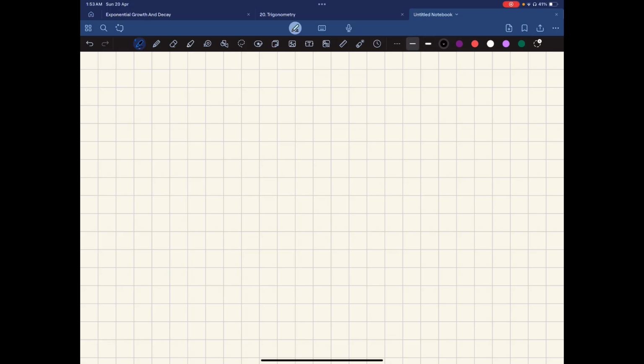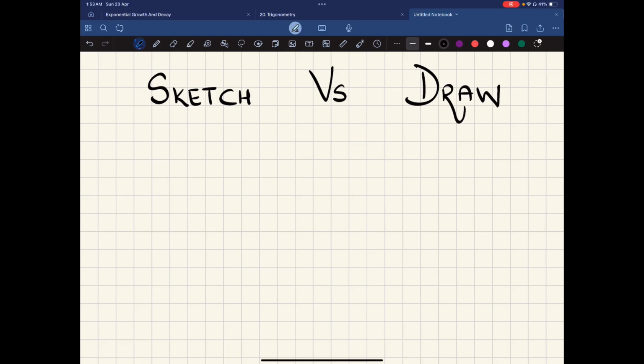Okay, before we begin with the sketching, let's get one thing clear. What is the difference between sketching and drawing? Sketch versus draw. Okay, so for draw, you need to draw accurate graphs by plotting points on a number grid.